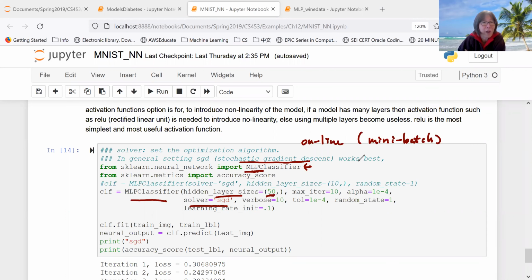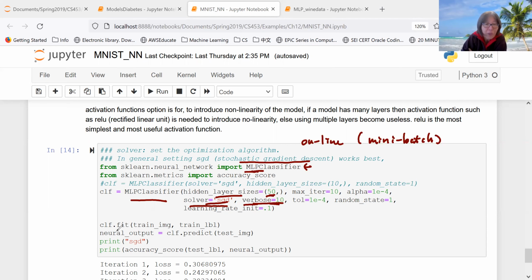Okay, so that you don't need to load all samples into memory at the same time. So it's ongoing ones. And this verbose, if you set the verbose, it will give you some output for each iteration. Later on we will see. Otherwise, you won't have the result.